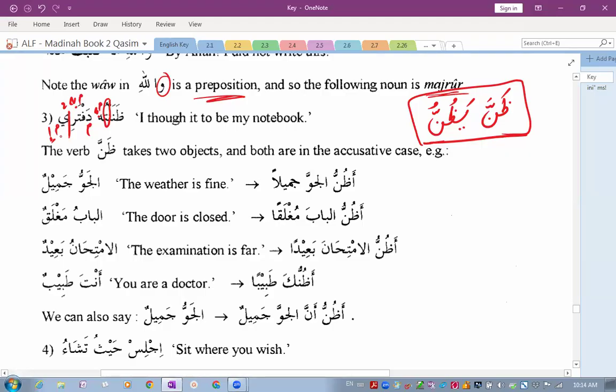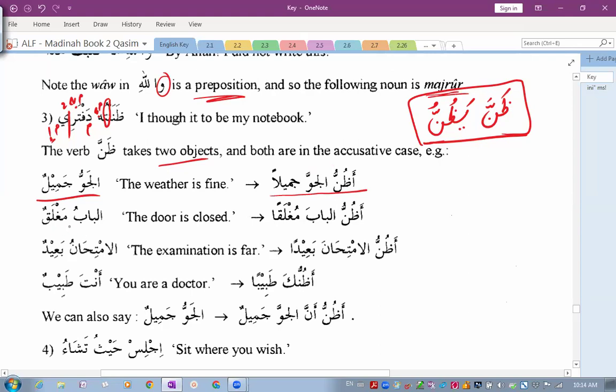Remember that if it doesn't have two mafulun bihi, then we say sadda musadda mafulaini. Last time we learned, right? So the verb zanna takes two objects, and both are in accusative case. For example, a simple sentence, al jawu jamilun, the weather is beautiful. Then we say azunnu al jawwa jamilan, I think the weather is beautiful.